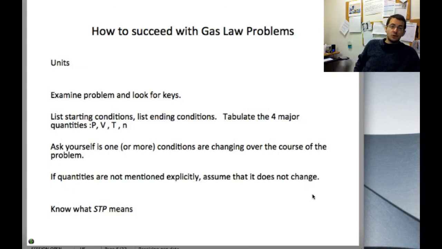You should keep track of the 4 major quantities: pressure, volume, temperature, and the moles. Oftentimes you'll see 2 or 3. How can there be 2 pressures in this problem? Well, it turns out that maybe something is changing. So the next question you're going to ask yourself is: is something changing over the course of the problem, or is it asking you to find something that's missing?